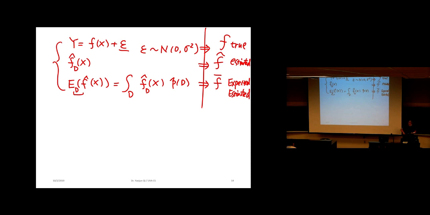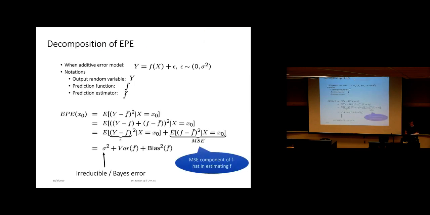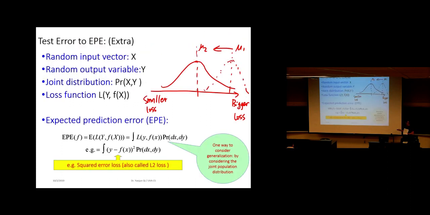All right, so the expected prediction error, let's do a specific sample. It can be decomposed. It's in fact just y minus f hat, take a quadratic term, and then expected over the joint distribution of x and y, right? Let's go back to see this.